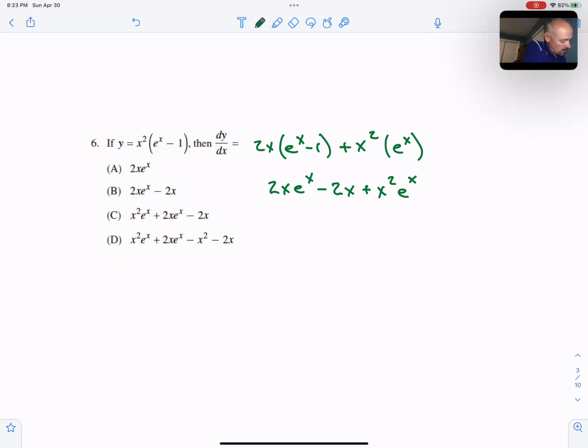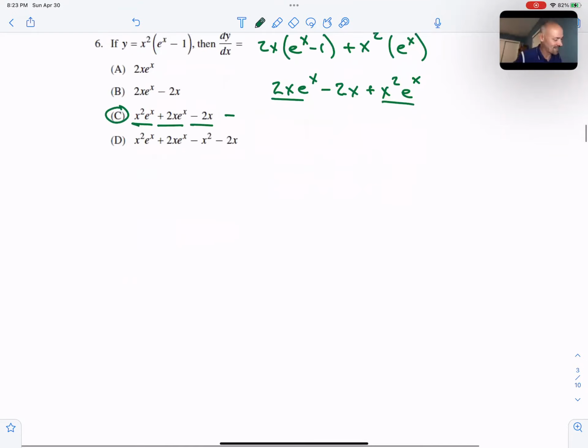It looks like it's just the order that's a little awkward here. So there's my x squared e to the x plus 2x e to the x minus 2x. C it is. Okay. Don't want to do the calculus right and then have a blip when we're selecting the correct answer.